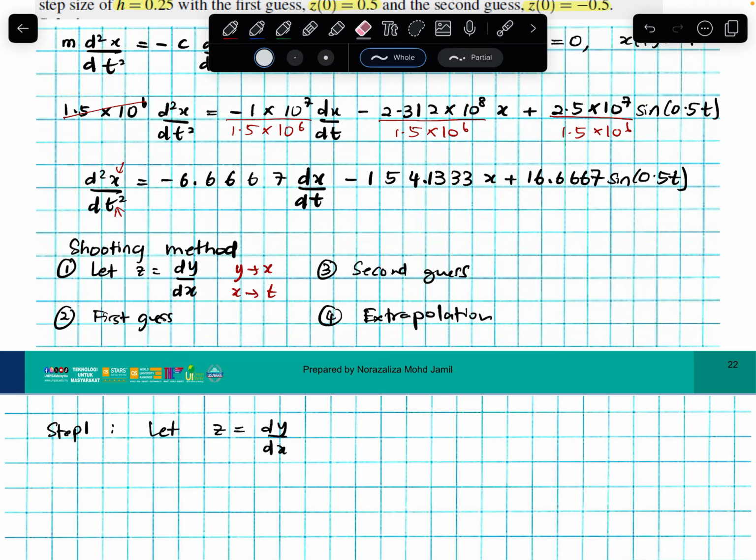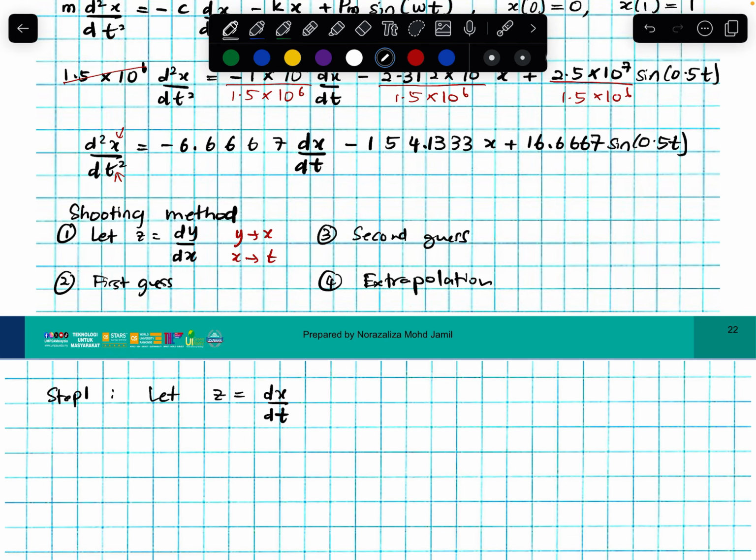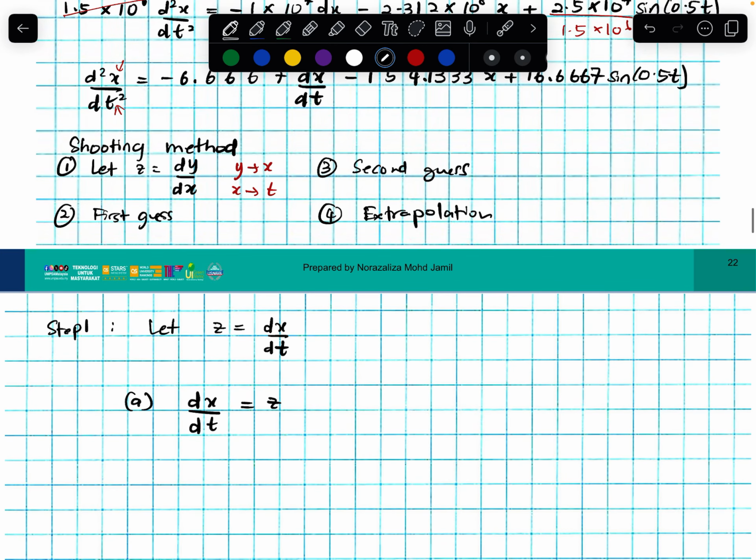So z is not dy/dx, but dx/dt. Okay, you must understand that. Now you will have two equations of first order. The first is the one that you introduced, arranged so that dx/dt becomes the function. We write dx/dt equal to z.